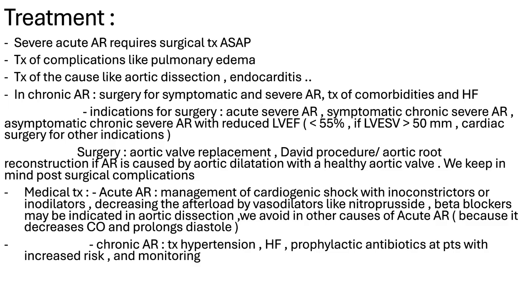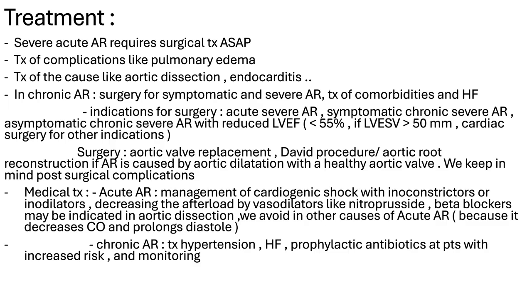Usually for surgery, aortic valve replacement can be indicated, and here we can use either mechanical or bioprosthetic valves, depending on each patient's case and preferences, as this will be a shared decision. David procedure or aortic root reconstruction can be used if the aortic regurgitation is caused by aortic dilatation with a healthy aortic valve.